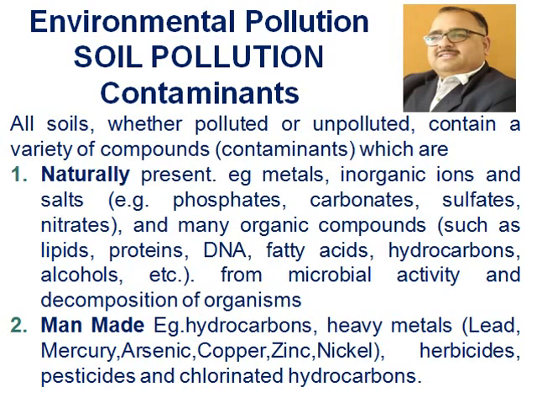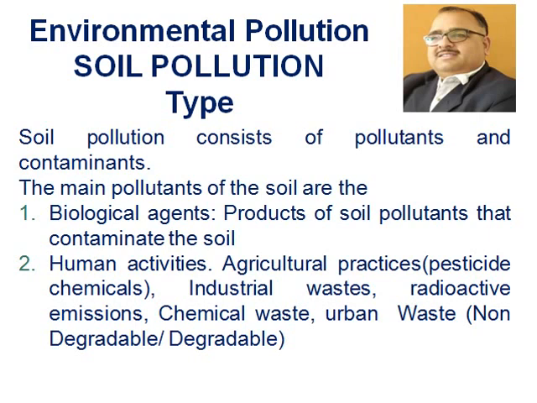Due to man-made, there may be hydrocarbons, heavy metals such as lead, mercury, arsenic, copper, zinc, nickel. They may be higher, or may be due to herbicides, pesticides, or chlorinated hydrocarbons. These are the important chemicals or contaminants which are found in soil pollution.